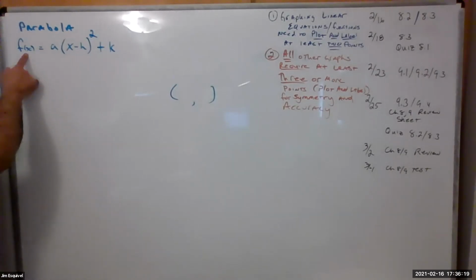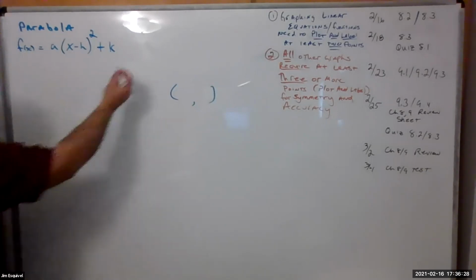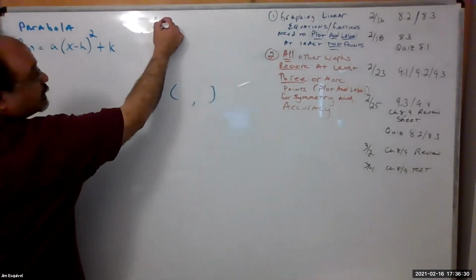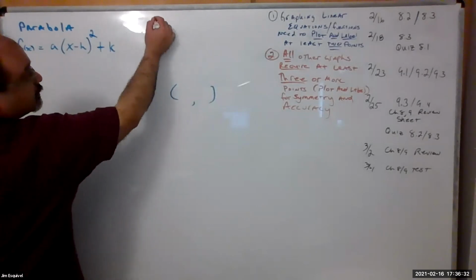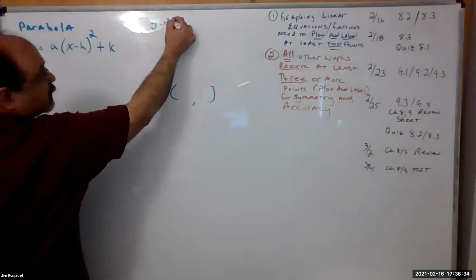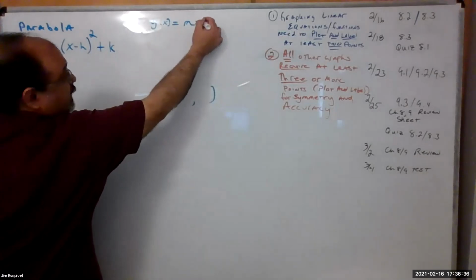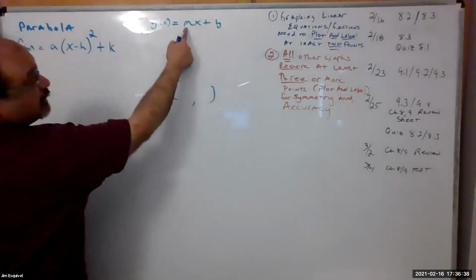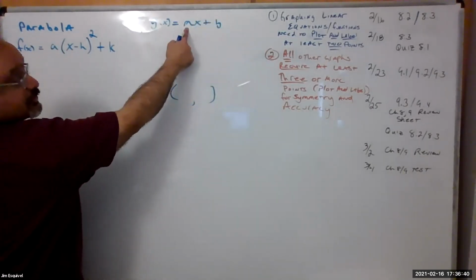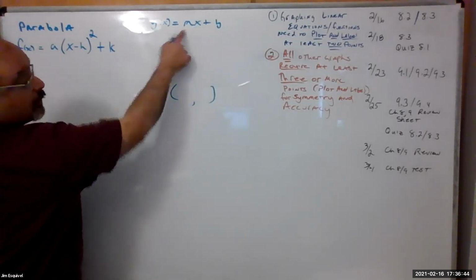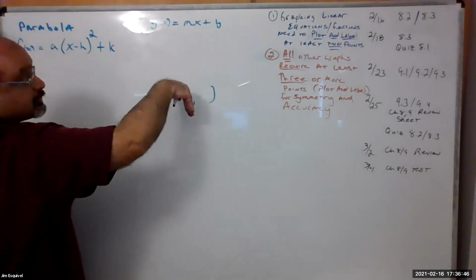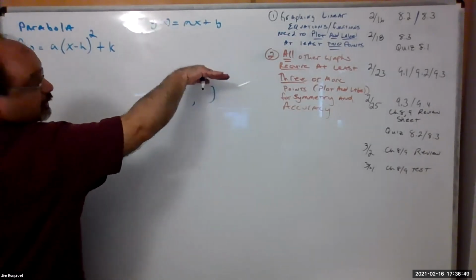Remember, f of x and y are the same thing. It could be y equals or f of x equals. Just like you have g of x equals mx plus b, where the m is always the slope. It tells you what the line is going to do, whether it rises or falls, how steep or shallow it is.